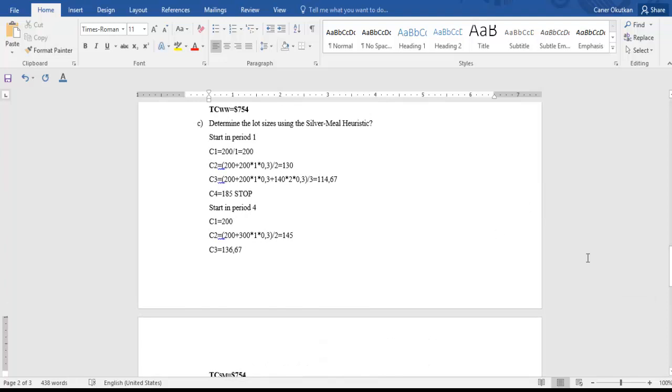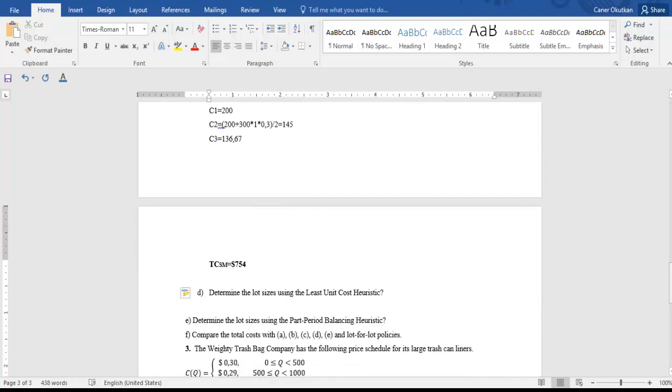Actually last unit cost heuristic same as Silver-Meal heuristic, but we use again step cost, but we divide it by not period. In this model we divide by requirements.